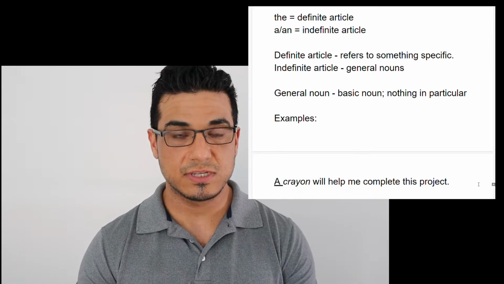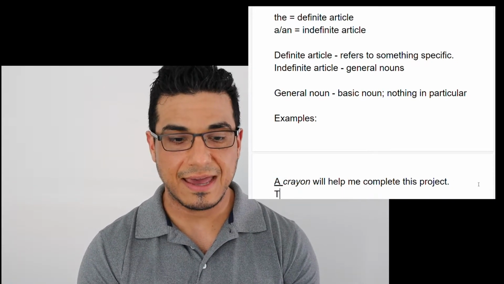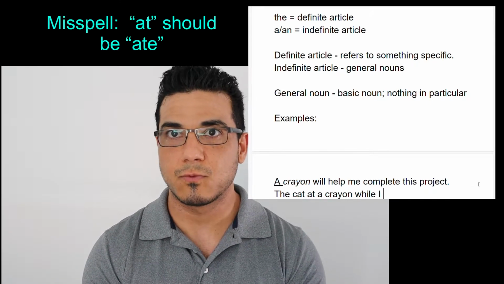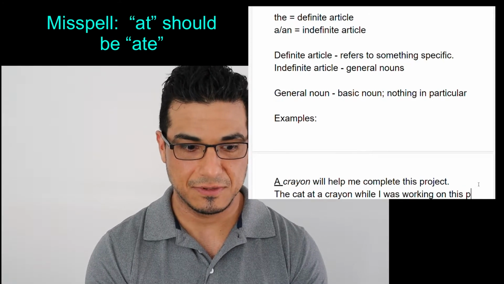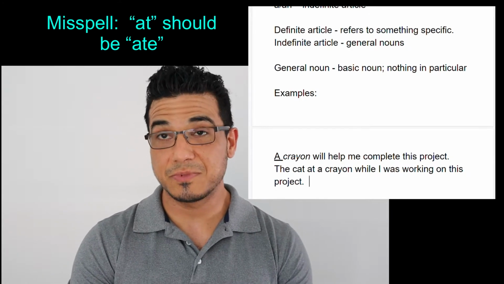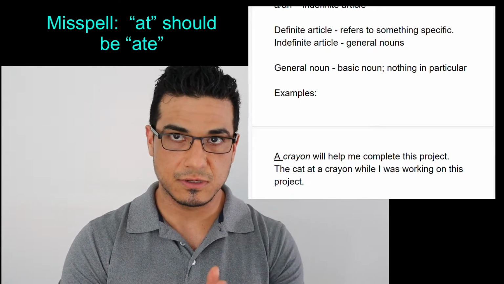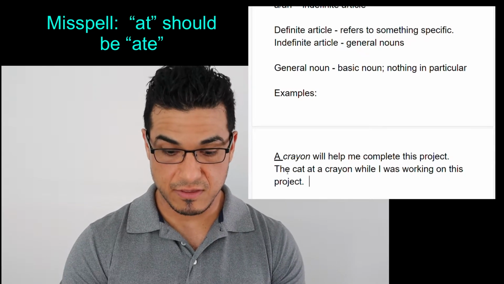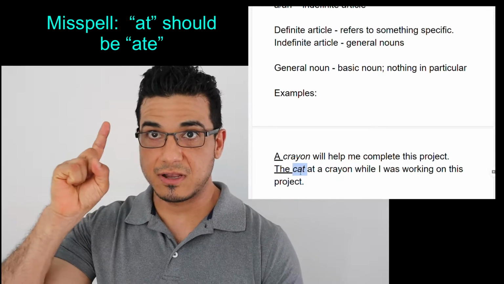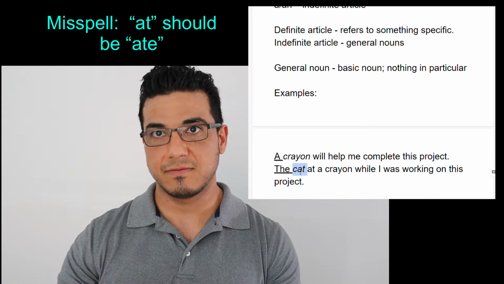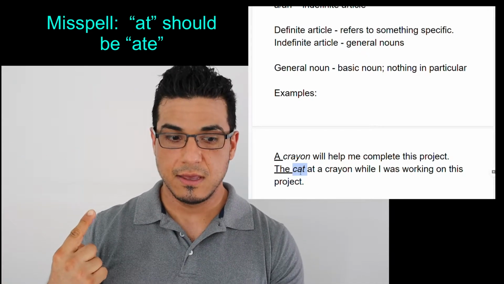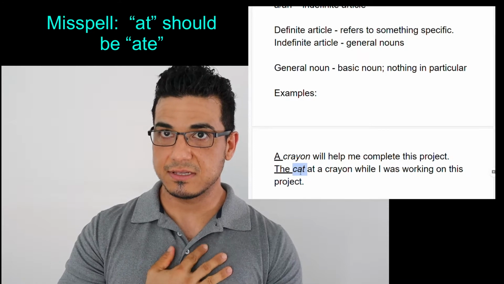Whereas if I were to say, the cat ate a crayon while I was working on this project. It's a very bad kitty. Actually, I have two articles used in this sentence, so it's a good example. While I have the definite article referring to the noun cat, so I'm talking about a specific cat, which in the context of the sentence suggests a mutual understanding among those talking about which cat is being discussed, all right?